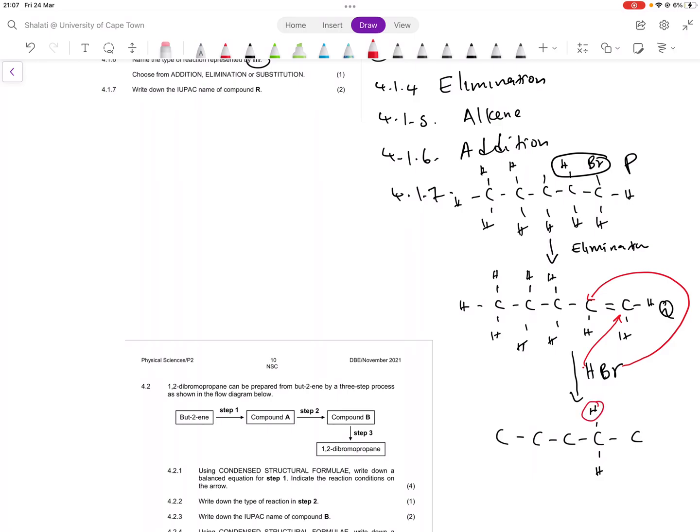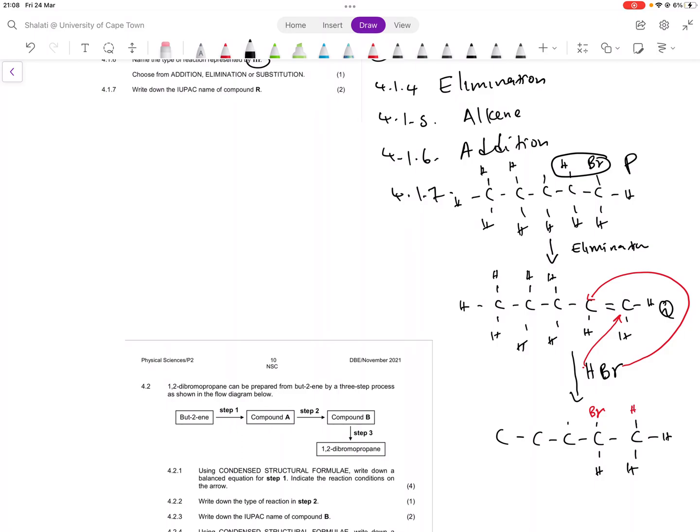And then at the first carbon, I have 2 hydrogens. Okay, I made a mistake. On the second one, we're not adding hydrogen, we're adding the bromine. And then in the first one, this is where the hydrogen is going according to Markovnikov's rule.